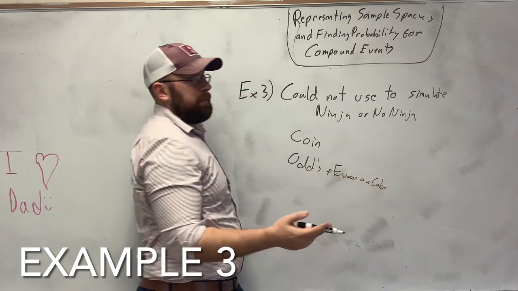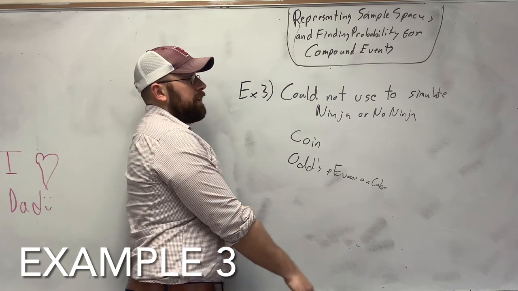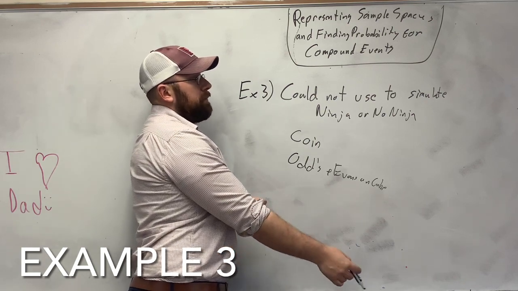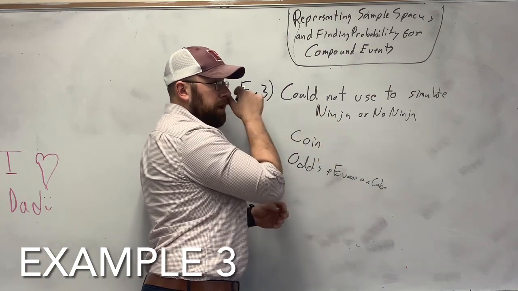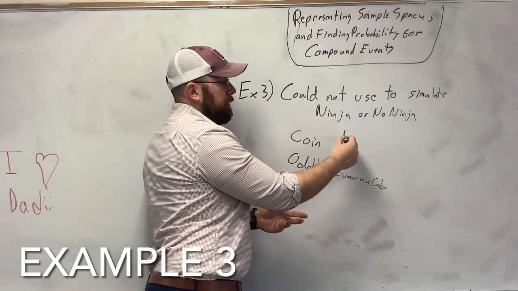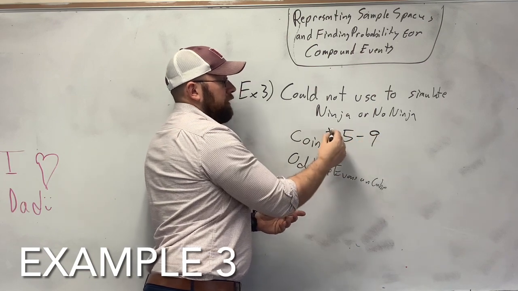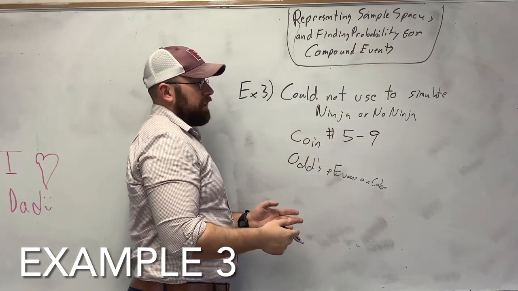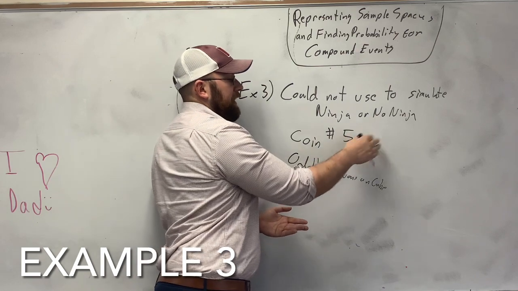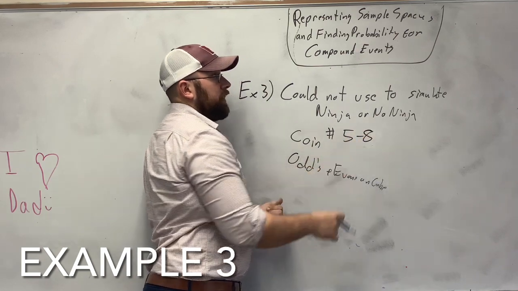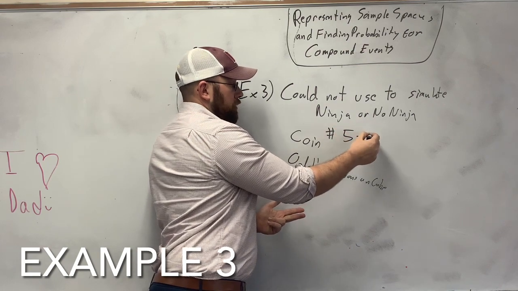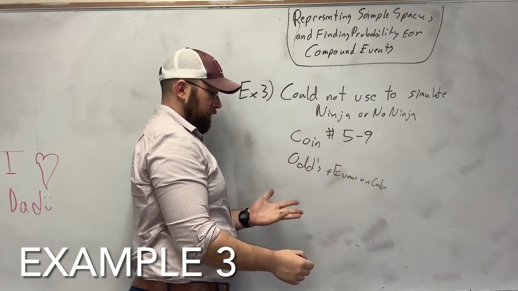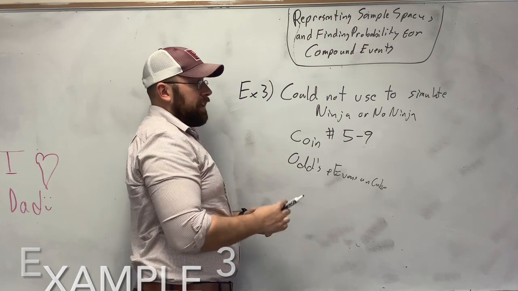A spinner wouldn't be great, and what you wouldn't want to use is generally randomly generated numbers, like 5 to 9. That doesn't work very well. Or 5 to 8, because that gives you 5, 6, 7, 8, which doesn't split evenly.